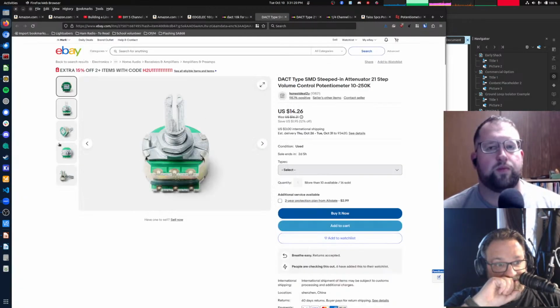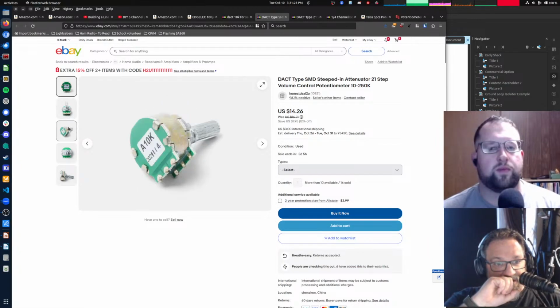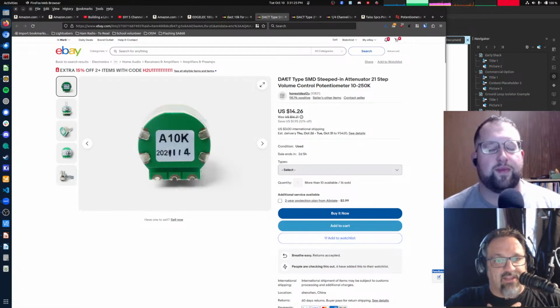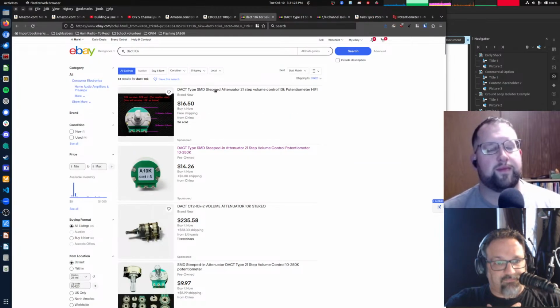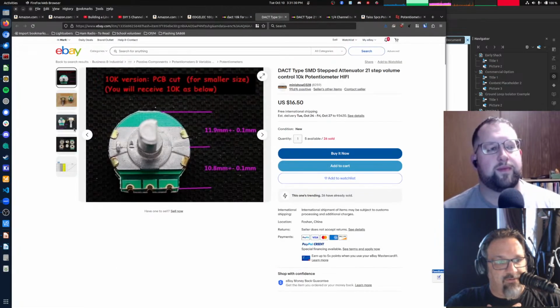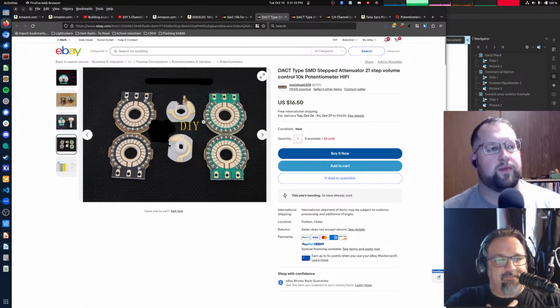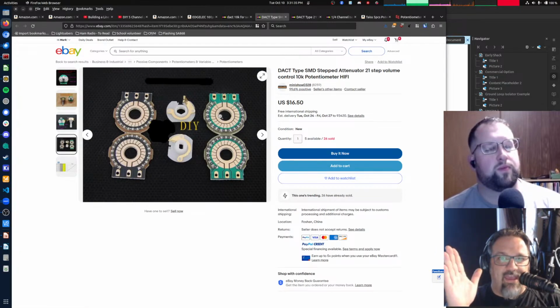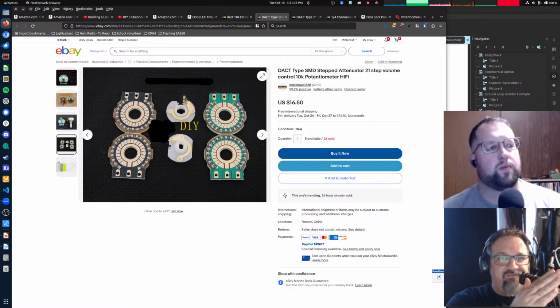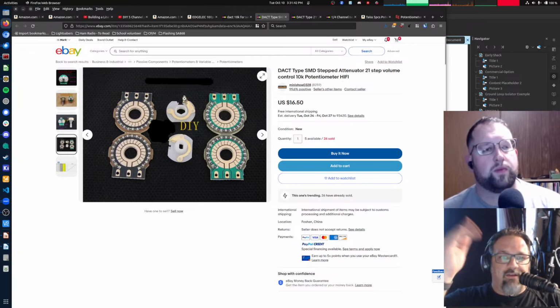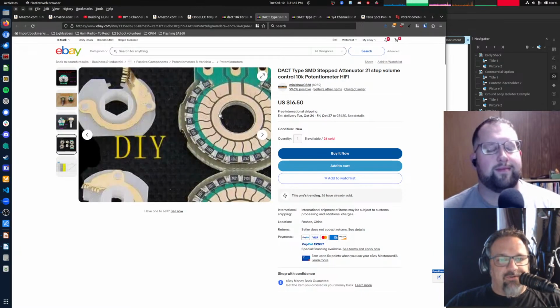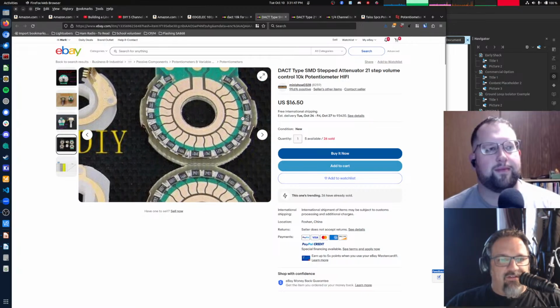Let's see if I can find one of these that shows the inside of it. You can see that from the outside they look like a normal potentiometer. Find one. There we go. But on the inside, rather than having a smear of resistive goo that you're swiping the contacts across, they have a series of very precise surface mount resistors.